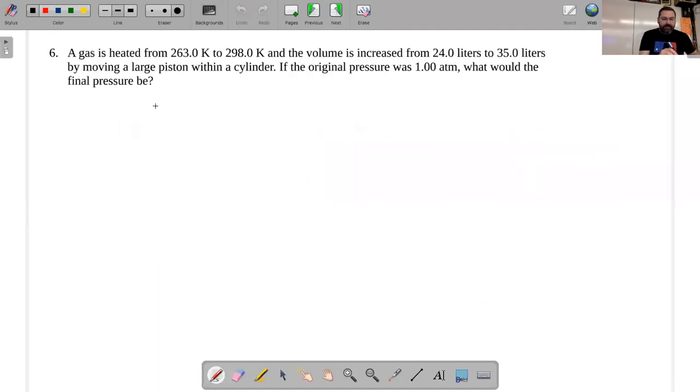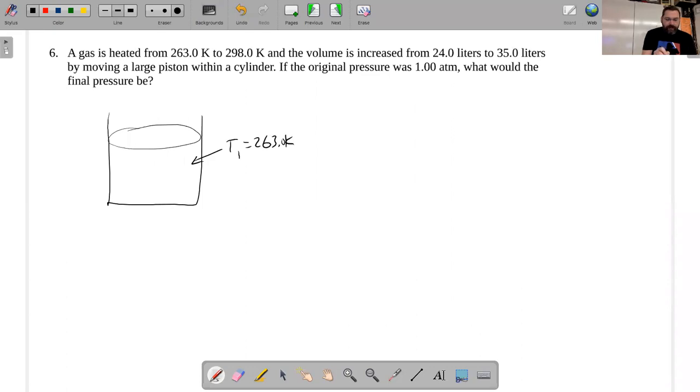And then number 6, so we heat up a gas and the volume increases because we're going to move a piston in a cylinder. So how this goes is you have a piston which is inside of a cylinder, and this temperature to start out is 263 Kelvin.